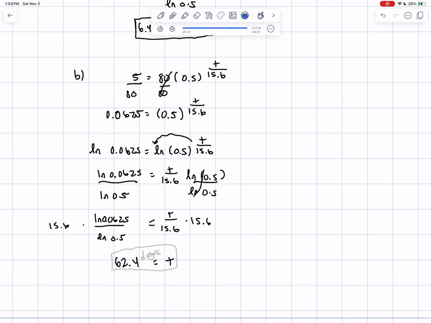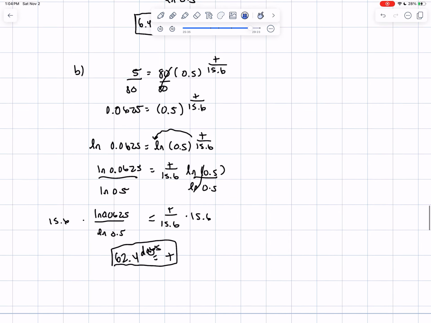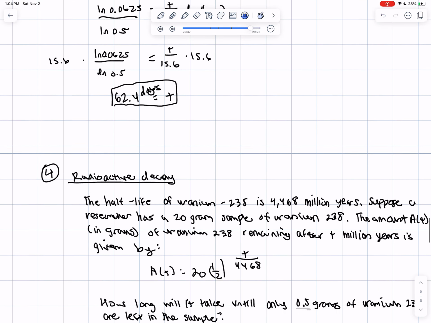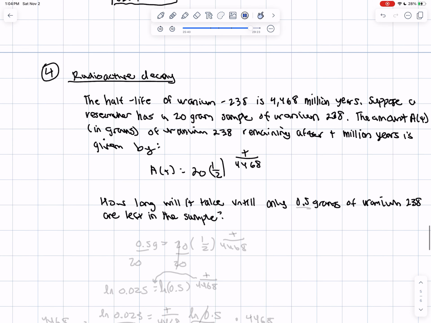So I'm getting 62.4 days. If you got 62.38, you just round up. So this is our answer. And now we're going to do one more decay problem with a little bit of different setup, but it'll be along the lines of this.